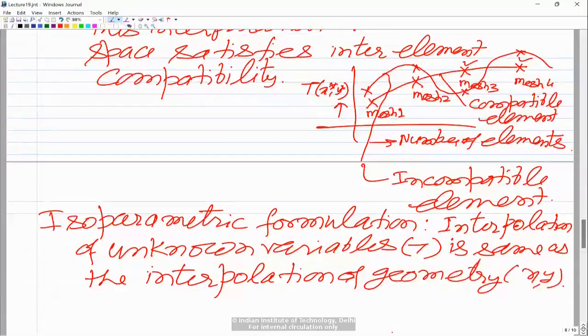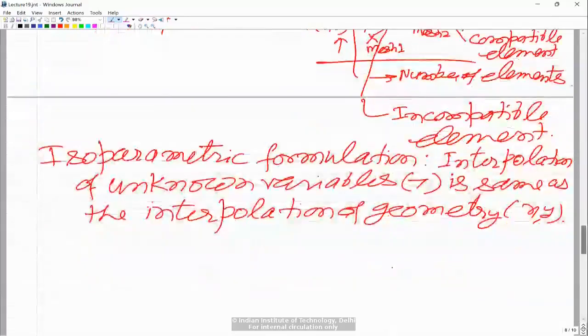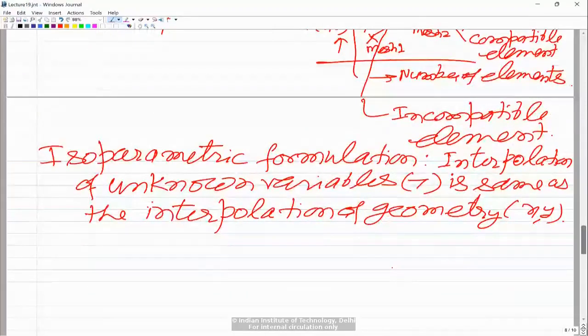This is what is most commonly used. Packages like Abaqus, Ansys, Nastran, when you use them for finite element analysis, you will find that all the 2D and 3D elements you would use are isoparametric elements. But since the concept is there, I just want to give the definitions.